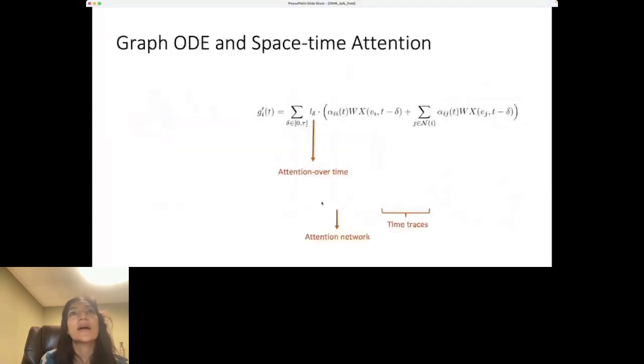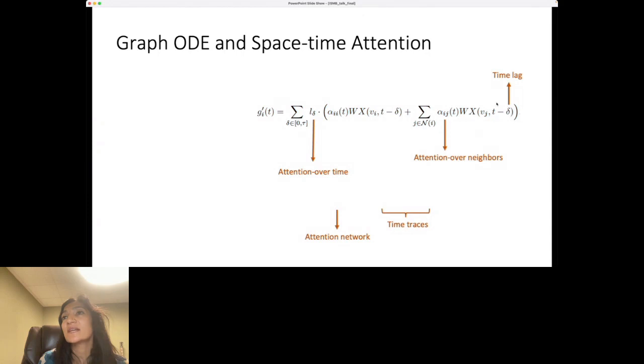So this is technically a graph attention ODE network. This network is again finding a derivative, but this derivative is parameterized by attention over time and attention over neighbors. So each node here is paying attention to its neighboring nodes, which are other genes, and it's also paying attention to itself. So that gives it the ability to have some time lag here.